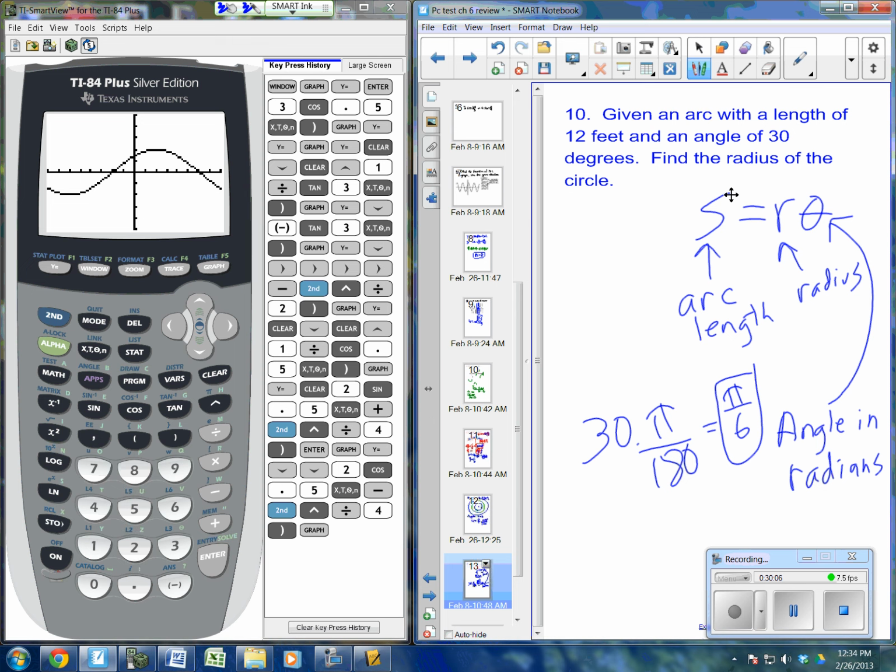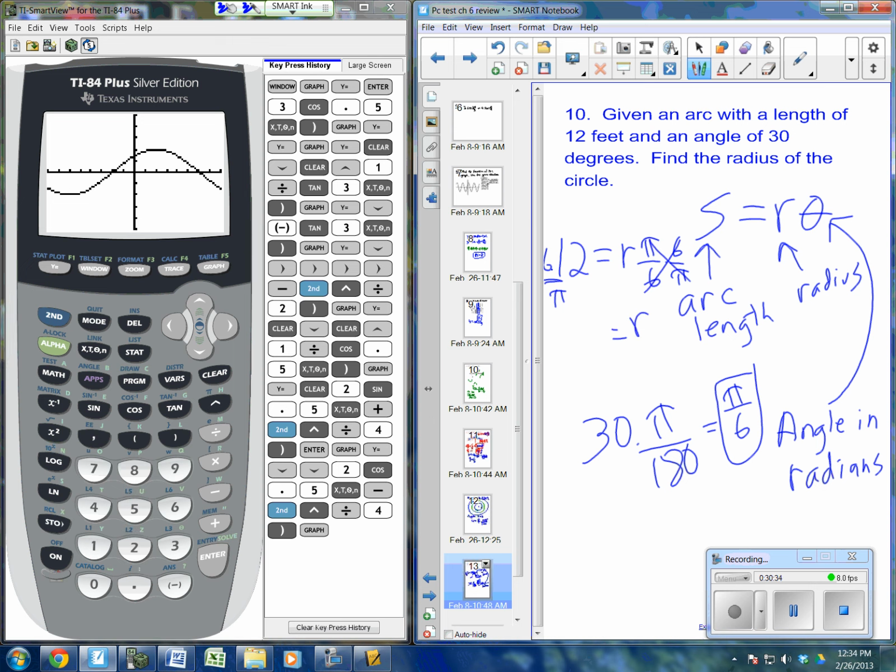Given an arc with, oh no, it gives you the arc length. So we're going to put 12 in for S. 12 equals R times pi over 6. And so you're going to multiply both sides by 6 over pi. So you're going to cancel out. You're going to get R equals 6 times 12 divided by pi.